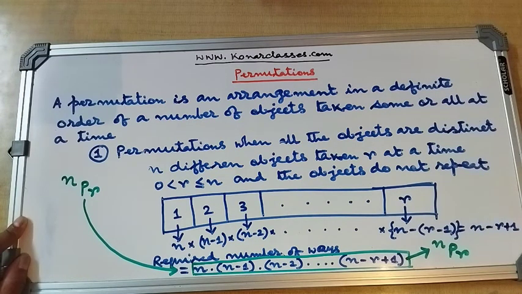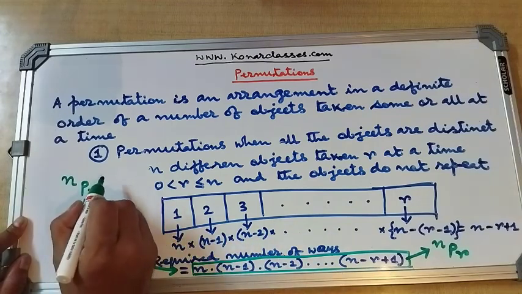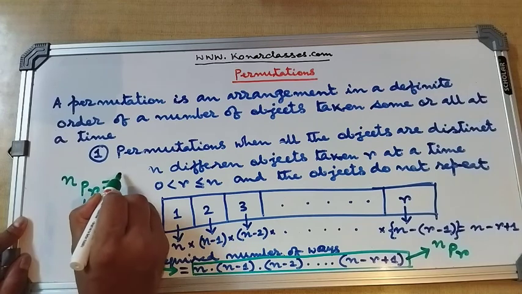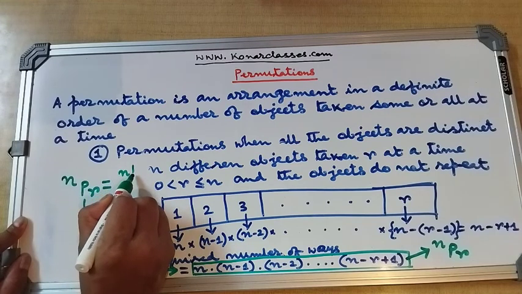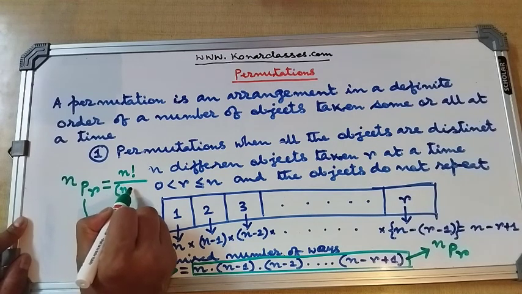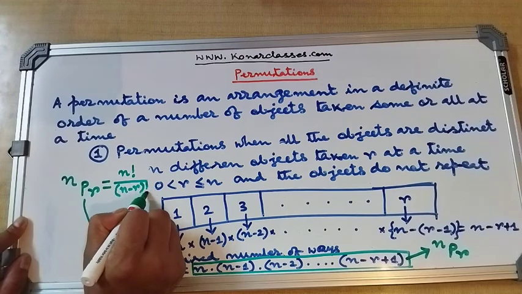In the next session, I am going to discuss factorial in detail, and after that we will see how nPr can be expressed in terms of factorial. But I can give you a little idea about it: nPr can be expressed as n factorial, denoted by the exclamation sign, divided by (n minus r) factorial.